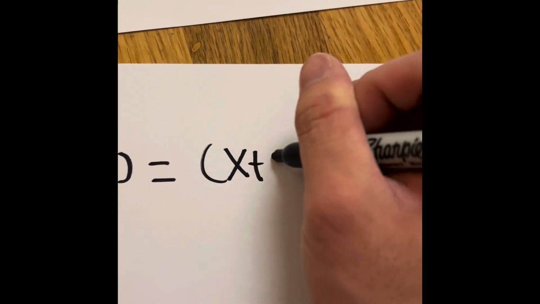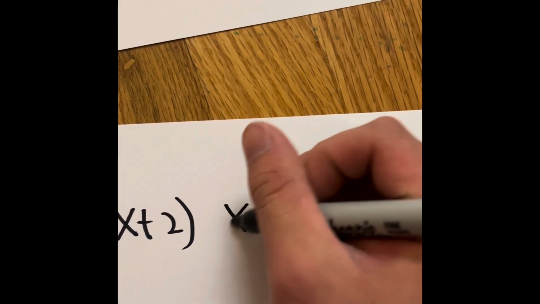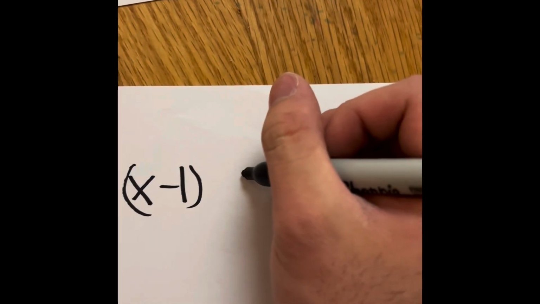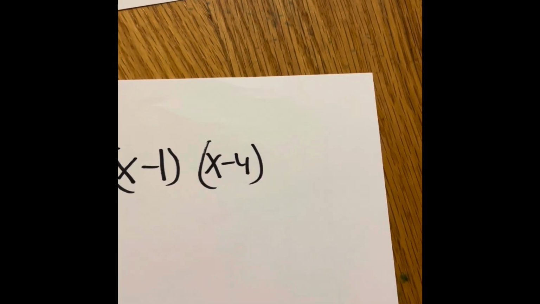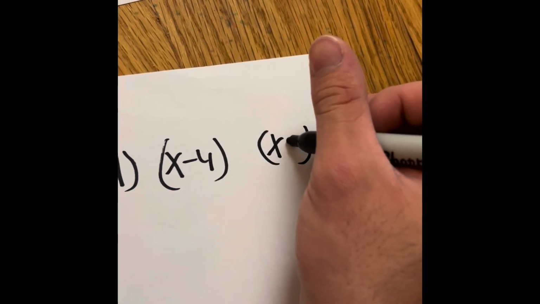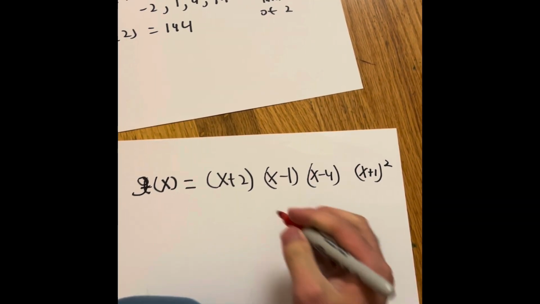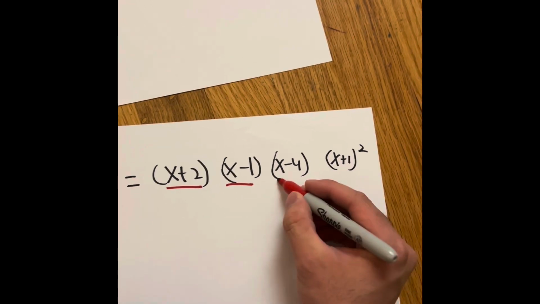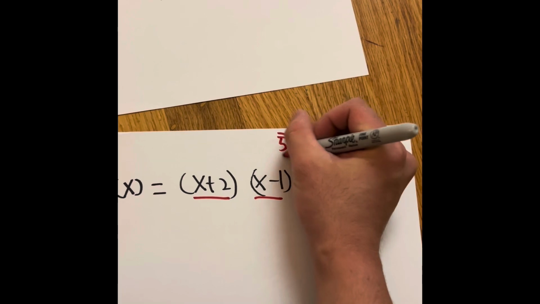Parentheses x plus 2, parentheses x minus 1, because it's the opposite, parentheses x minus 4, and last but not least, you're going to have x plus 1, with a multiplicity of 2. So let's see how many objects are on the field. We have 1, 2, 3, 4, 5, because we have 2. So there are 5 objects on the field.